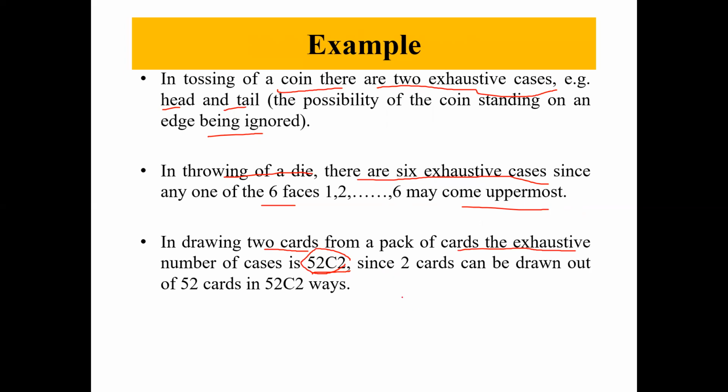As we know, the formula nCr is n factorial divided by r factorial times (n minus r) factorial. This is the factorial notation, don't be confused. This is the way we can find the total number of exhaustive cases.